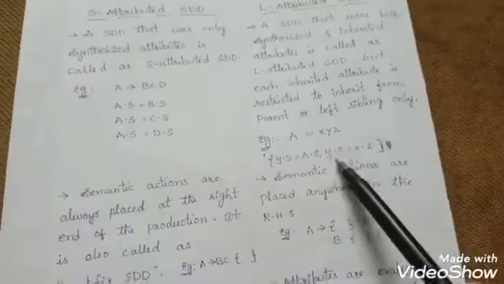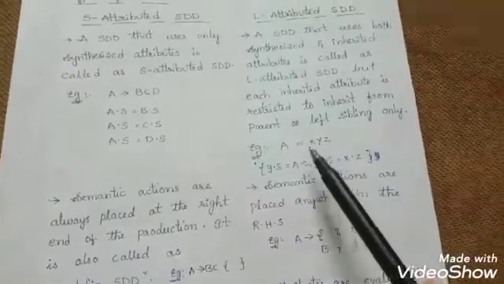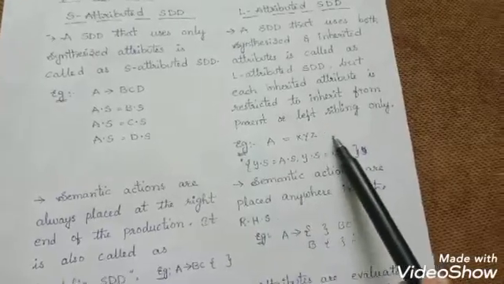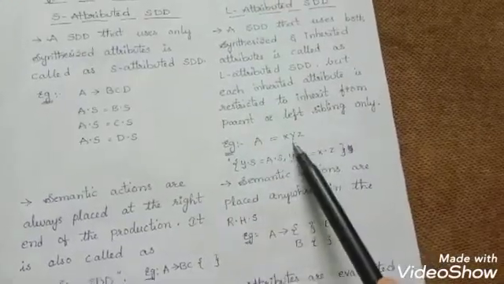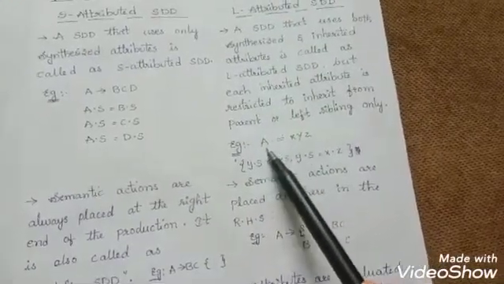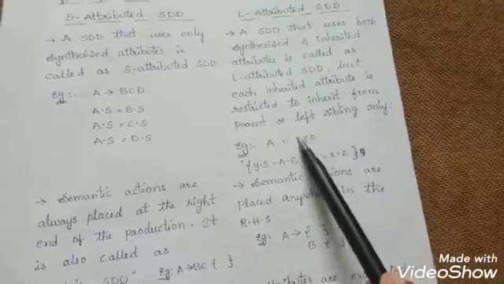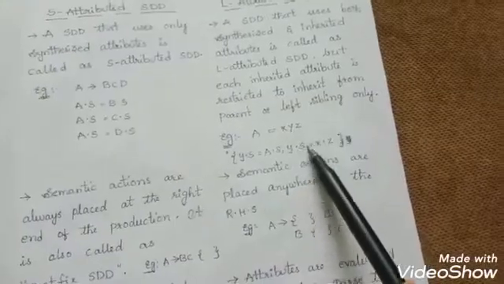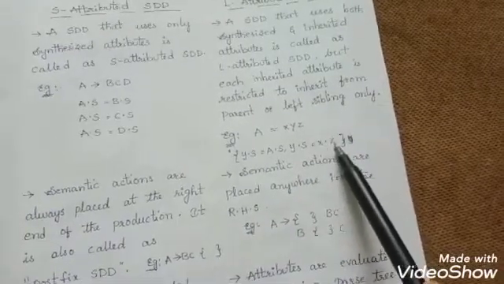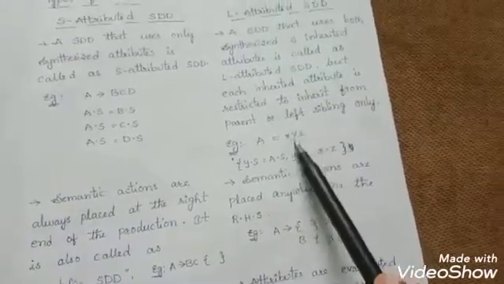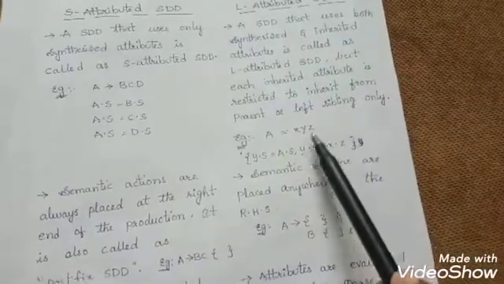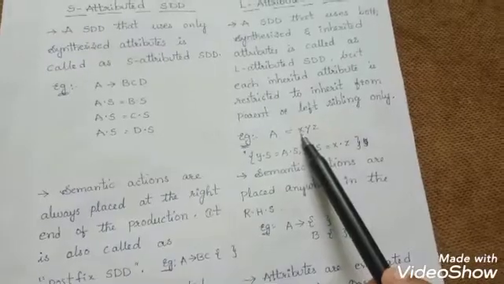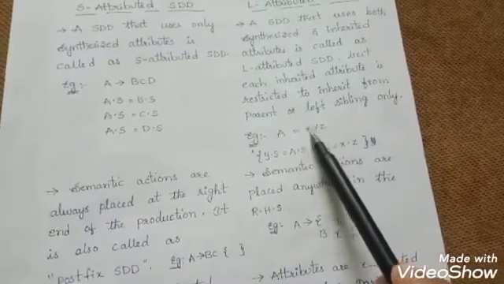Now let's check the example of L-attributed SDD. That is, A tends to X, Y, Z. Here Y.S is equal to A.S. That is, the child is taking the value from its parent. And Y.S is equal to X.S. We should take only the value from the left sibling.